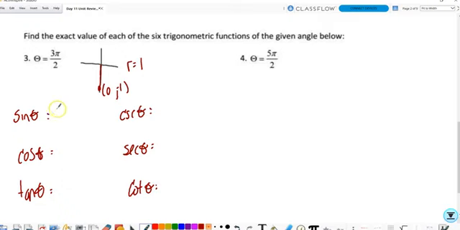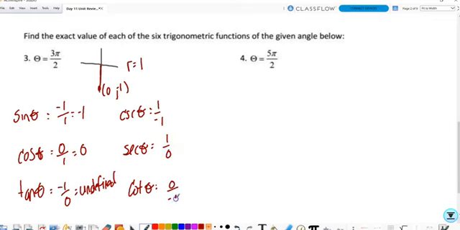All right, sine is y over r, cosine is x over r, tangent is y over x. This is -1, this is 0, this one's undefined. Reciprocals, -1, undefined, 0.